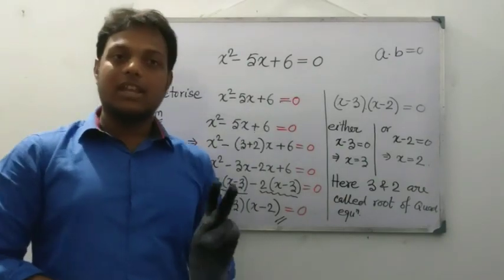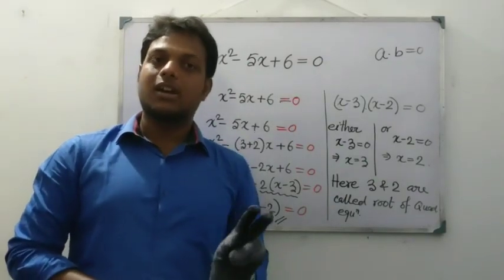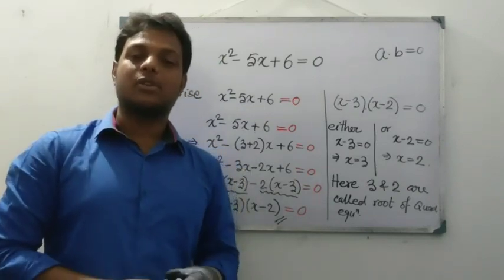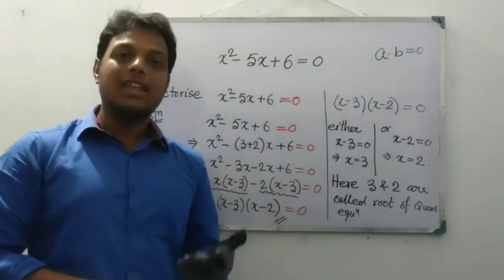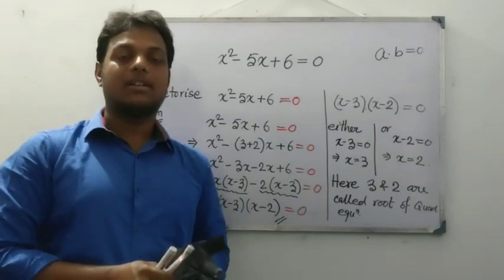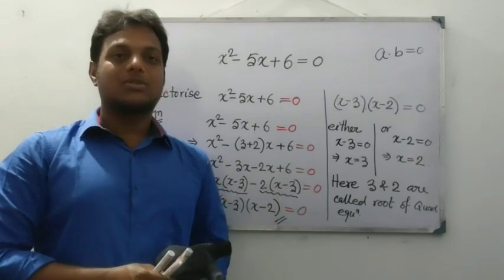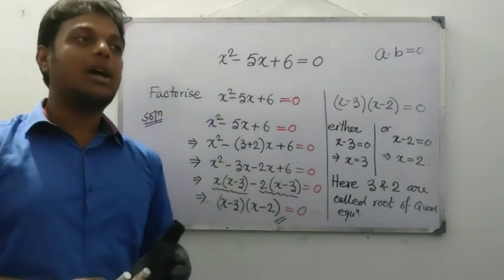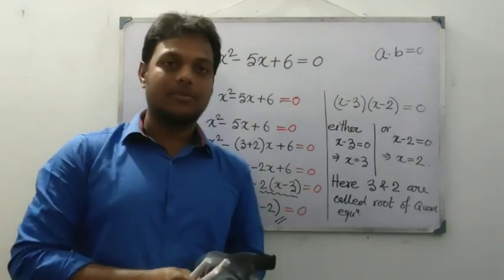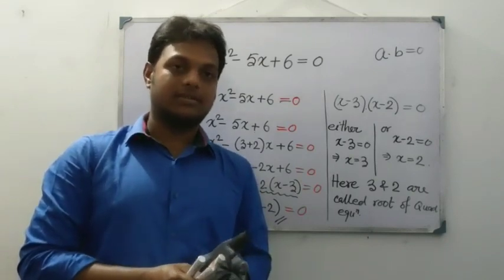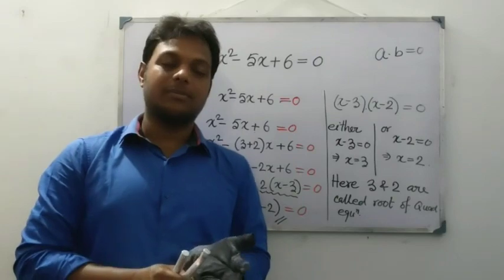So a 3-degree equation has 3 roots, a 2-degree equation has 2 roots, a 1-degree equation has 1 root, a 10-degree equation has 10 roots, a 100-degree equation has 100 roots. So the degree and the number of solutions are the same. The number of solutions means the number of values of x, the number of roots.